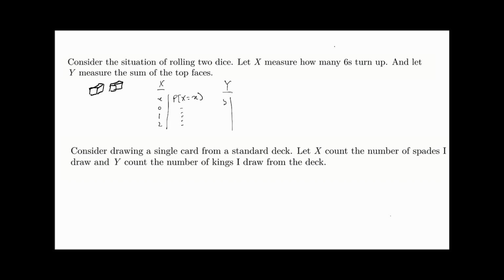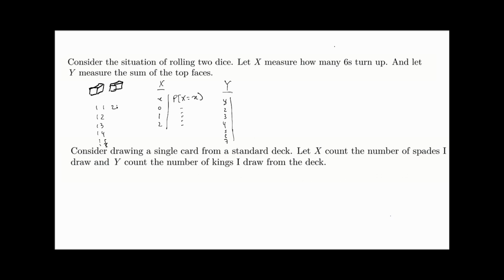So why? Why is the sum? So if it's 1 and 1, the sum is 2. If it's 1 and 2, it's 3. 1 and 3 is 4. 1 and 4 is 5. 1 and 5 is 6. 1 and 6 is 7.